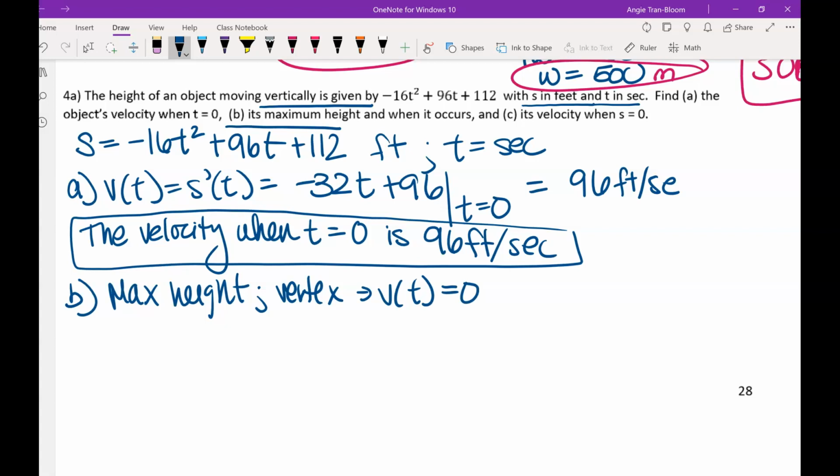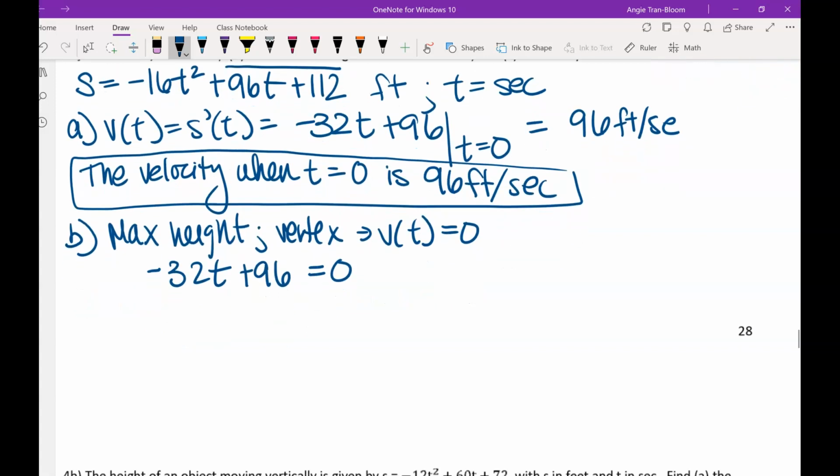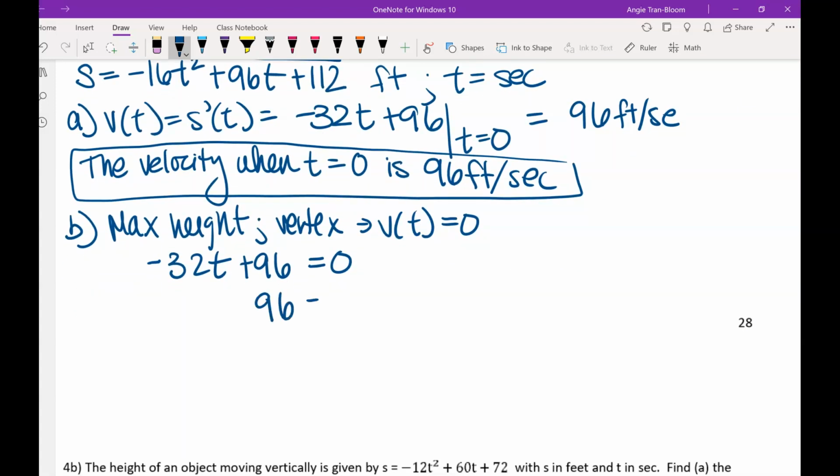We already have the velocity, which is negative 32t plus 96. We are going to set equal to 0. Move 32 to the right, so that's going to be positive. Divide both sides by 32. t is going to be 96 over 32, which is going to be 3.